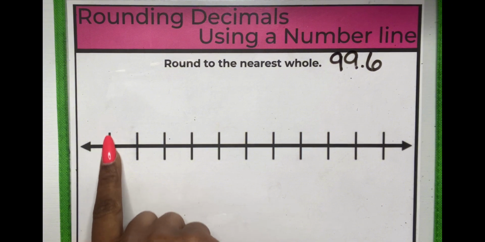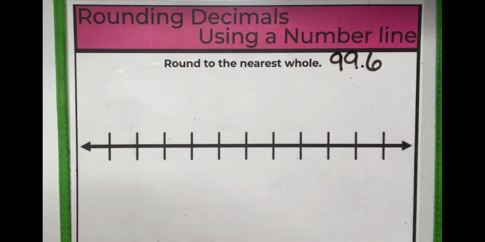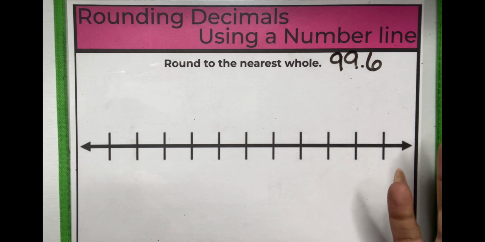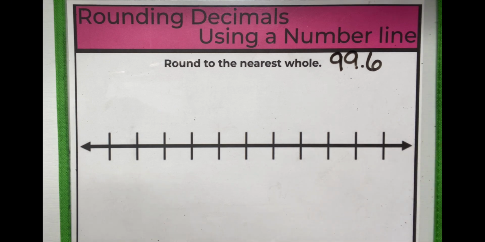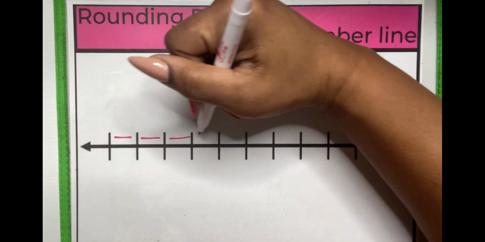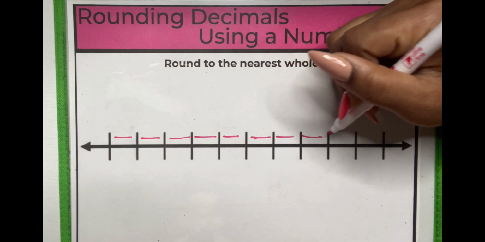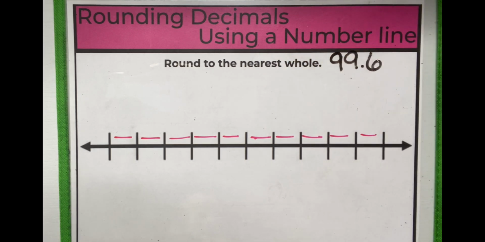But to make sure you have the correct number of tick marks, guess what you need to do? Count your spaces. 1, 2, 3, 4, 5, 6, 7, 8, 9, 10. You got 10 spaces, it's correct.